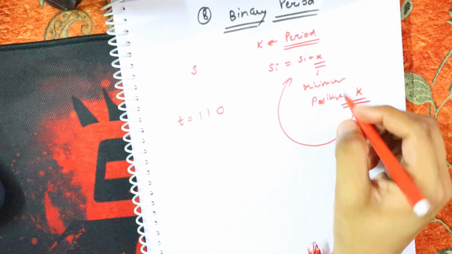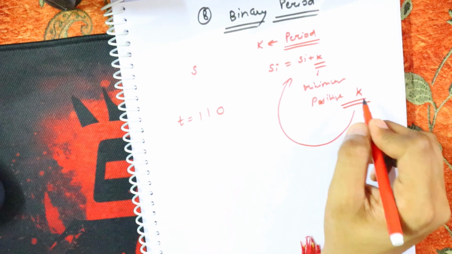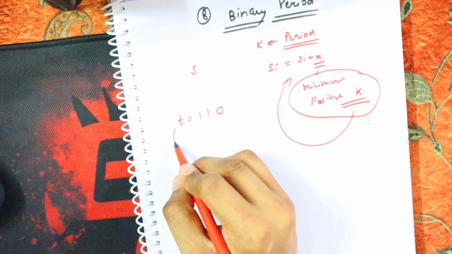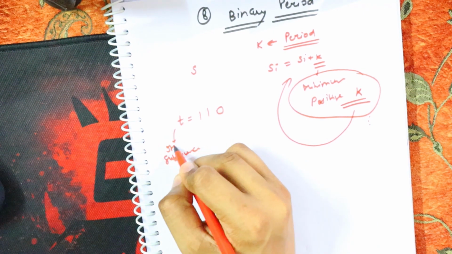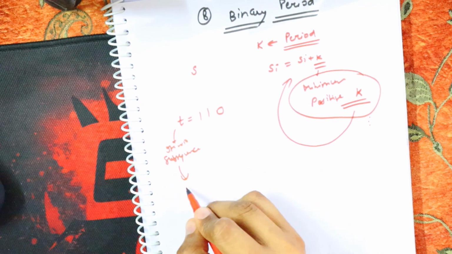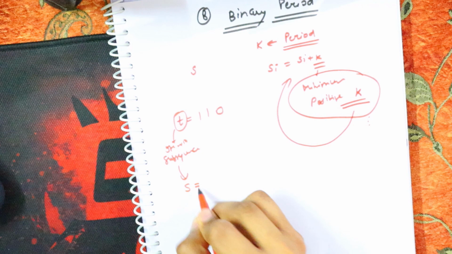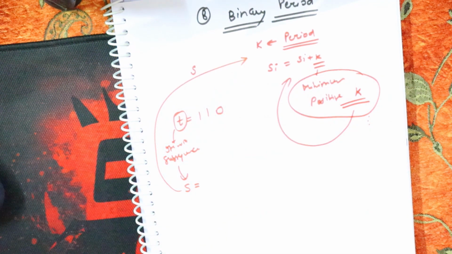Then what will be the minimum k? I will choose the minimum k so that I make a subsequence. It will be a subsequence of a string s, so that it has minimum period value.